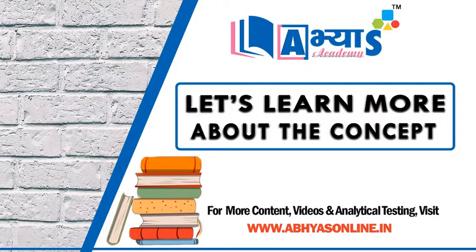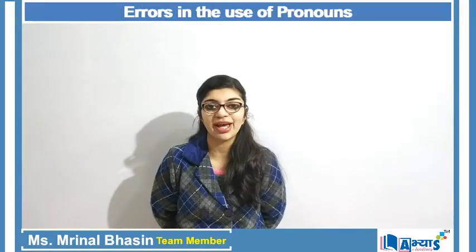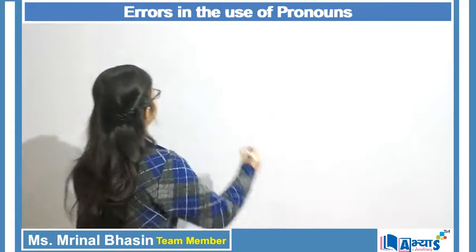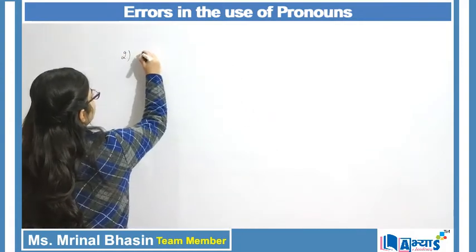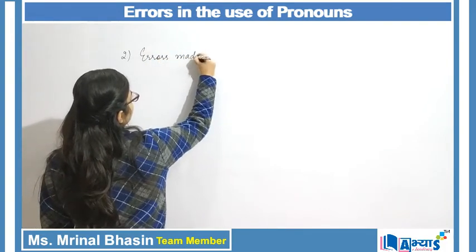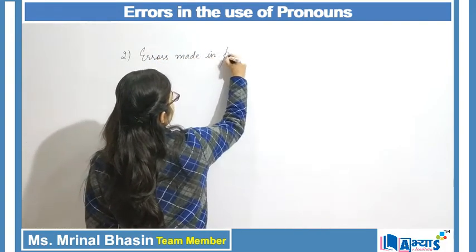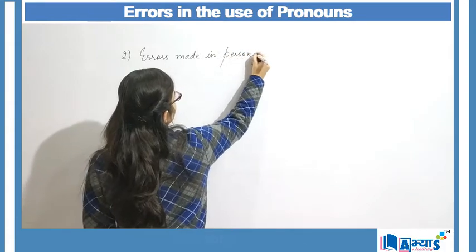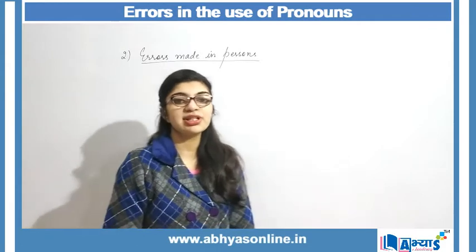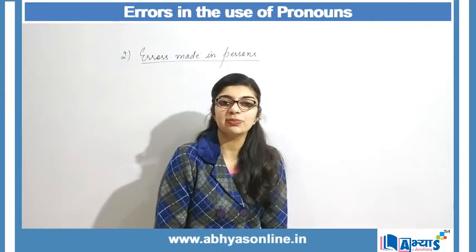Now let us understand more concepts about the errors in pronouns. The second concept is the errors made in persons. We know that there are three persons: the first person, the second person and the third person.